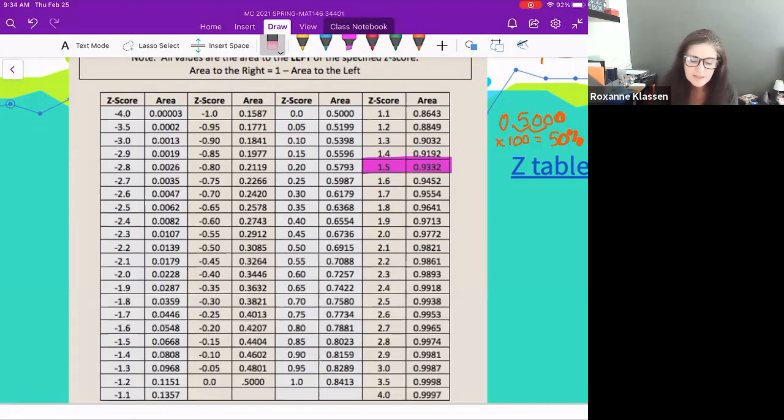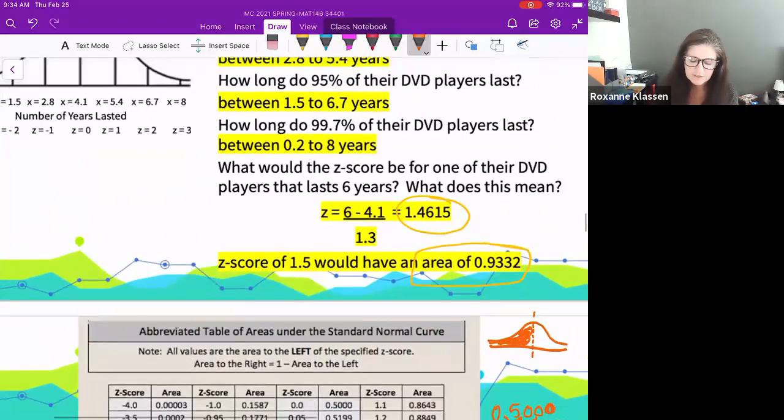So do you notice that that says 0.9332? If we make that a percent, that means it's at 93.32%. So if we go back to our picture right here, this is 93.32%.